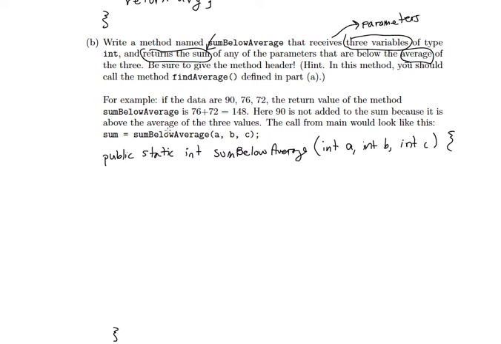Okay, so if I need to calculate the average, let me do that. I'm also going to need the sum, so I'll start that at 0. And then I'll need some kind of average. And to do that, I'm going to call my find average method, which I just wrote in part A, and pass those 3 variables in there.